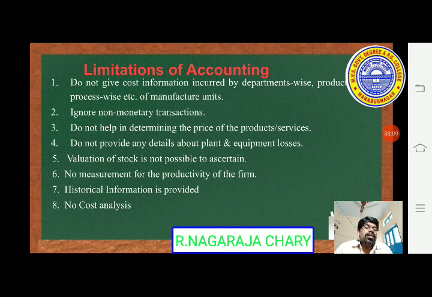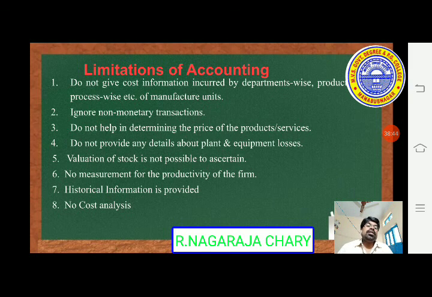So here we can say, after post-mortem, what do we do? We can't do anything. So that's why historical information is provided in financial accounting. So right, next one, no cost analysis. Cost analysis is the most effective part in trading and manufacturing. So that's why there is no analysis regarding cost aspects.